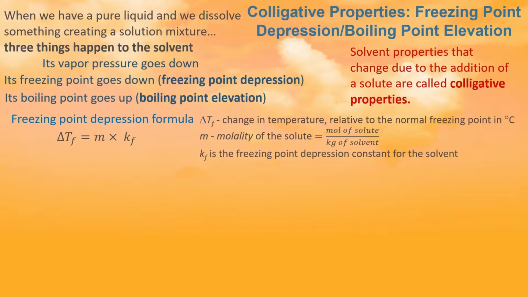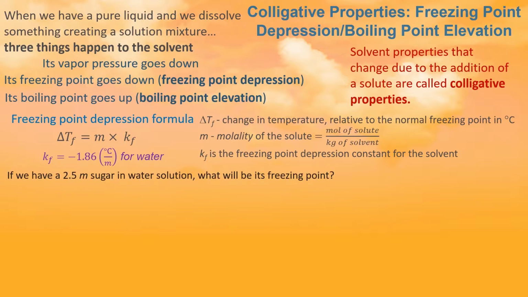M is the molality of the solute, where the molality is defined to be the moles of solute divided by the kilograms of solvent. And Kf is the unique freezing point depression constant for the solvent. For water, the value for this constant is minus 1.86 degrees Celsius divided by the molality of the solute.